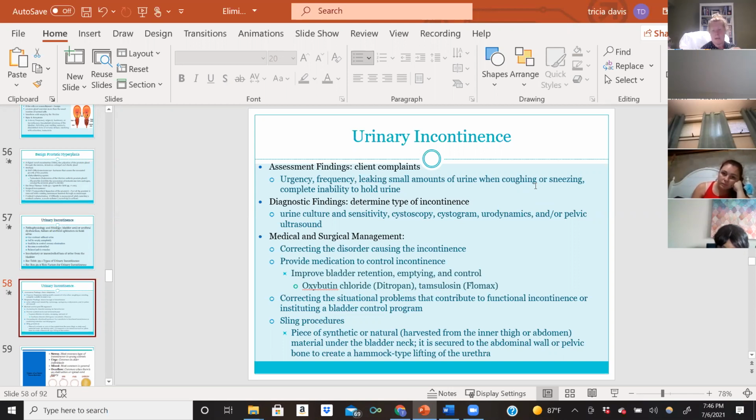Correcting the situational problems that contribute to the incontinence or instituting a bladder control program. So if it's possible, if patients suffer with urgency and frequency, maybe we want to give them a bladder control schedule.